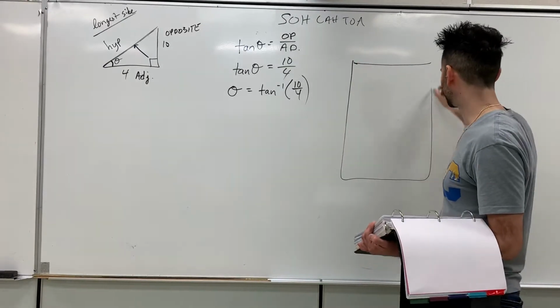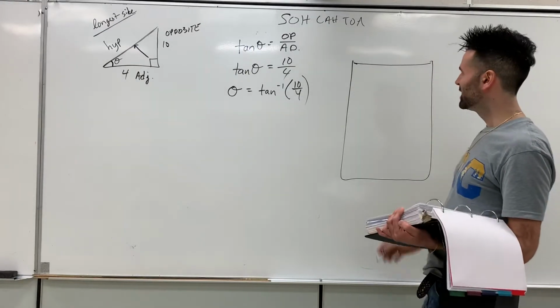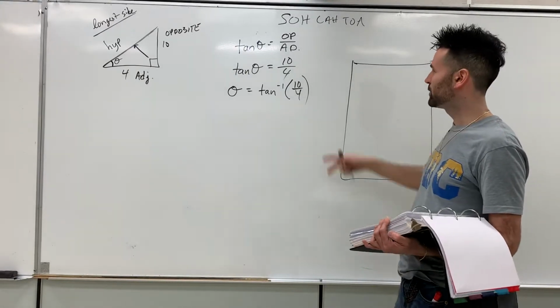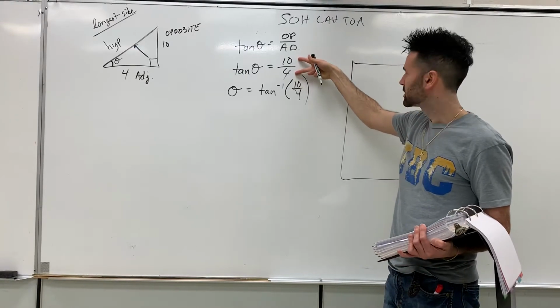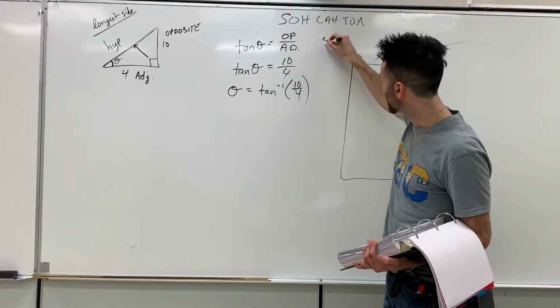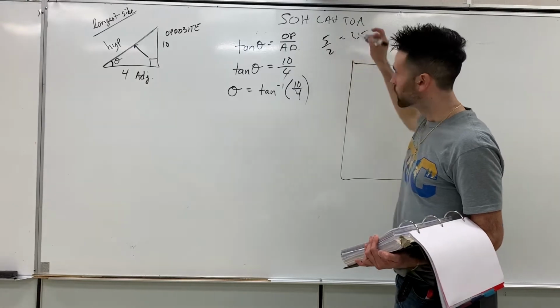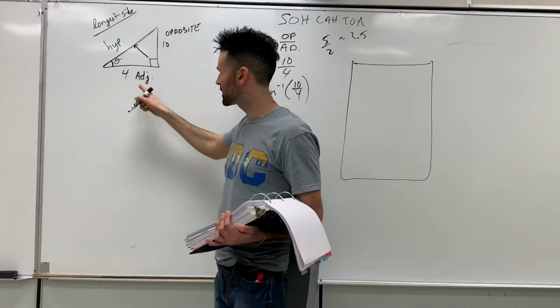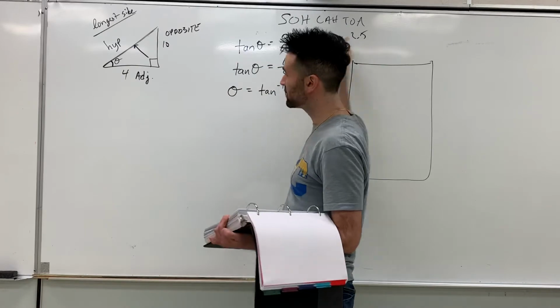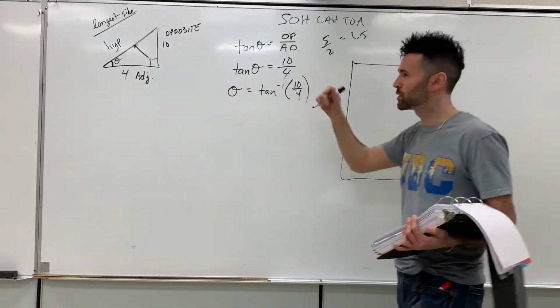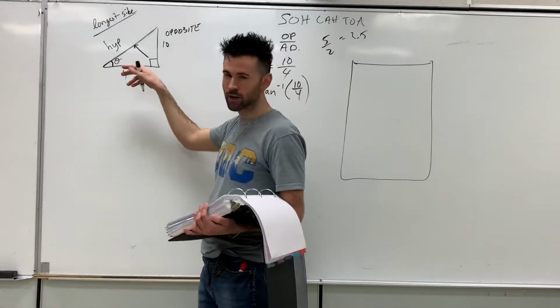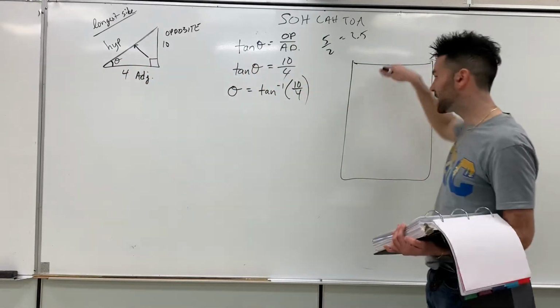What he found out was, if you have this ratio, like 10 over 4, which is 5 over 2, which is 2.5, when the ratio of the opposite side to the adjacent side is 2.5, this is the angle. We think that he constructed the triangles and just measured it.